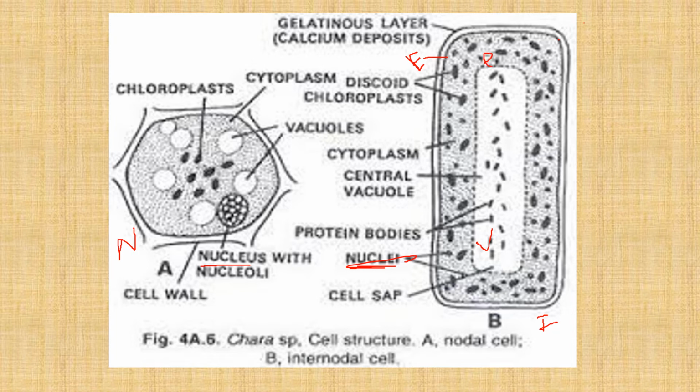But this is the endoplasm, where we observe cytoplasmic streaming because it is less dense.